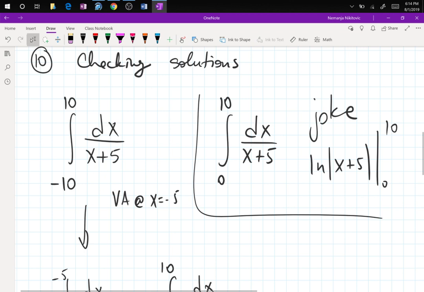You can solve that problem incorrectly and see what you get. Maybe 0, I don't know. Did you get a 0 here? Yeah, because it will be ln 5 minus ln 15. That's what, if you do the problem incorrectly, you will get: ln 5 minus ln 15.